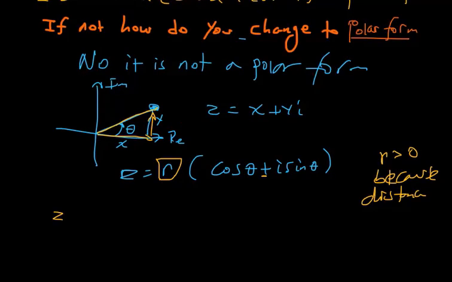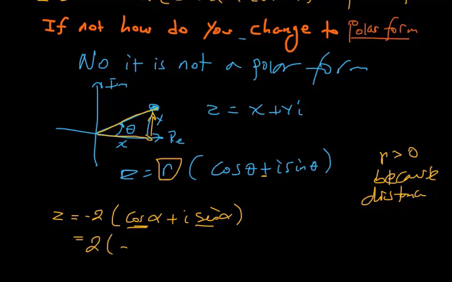So z equals -2 times cosine of alpha plus i sine alpha. Let's multiply the inside terms by -1. So we have a positive r now, and we have negative cosine of alpha plus i sine of alpha.